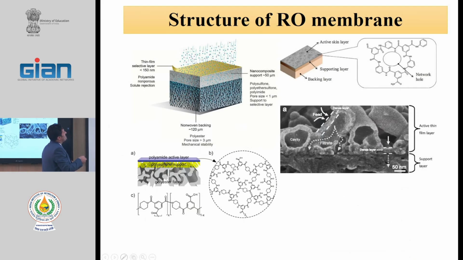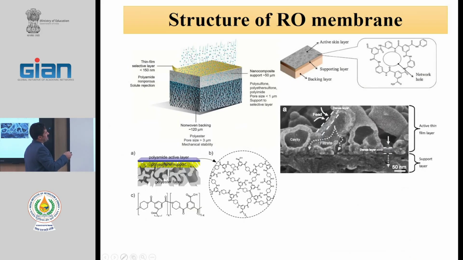We have a top layer; you see, this is the structure of the RO membranes. We have a non-woven backing, or non-woven fabric, for increasing the membrane durability and strength. We have a polysulfone support layer for supporting this polyamide thin film layer.